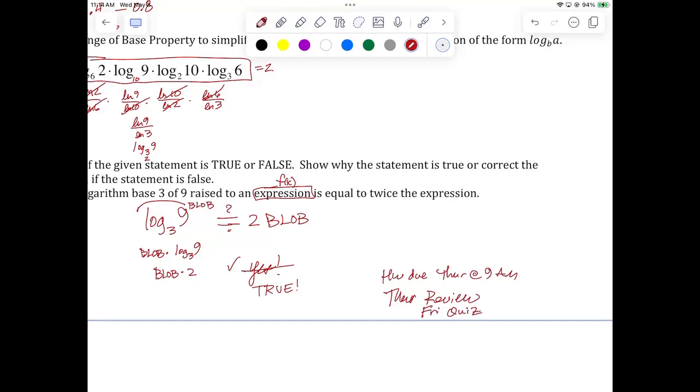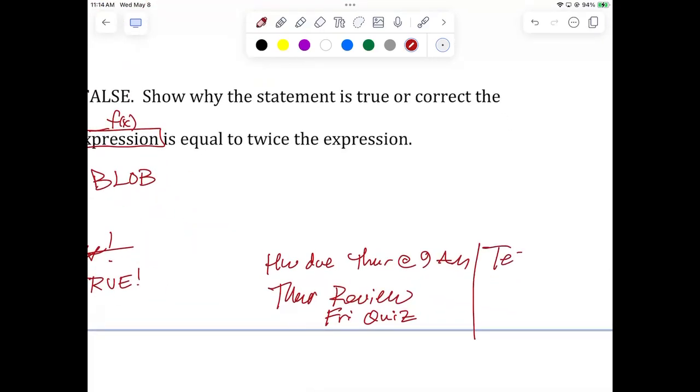There's only one more section left in the whole year. One more section, 14.4. Yes, we have one more test. It'll be next Wednesday. Test next Wednesday. 5:15.